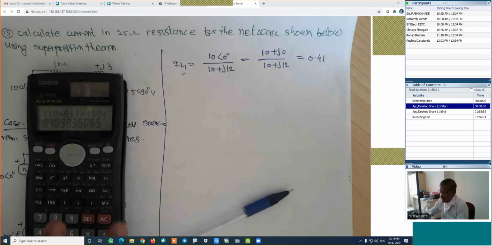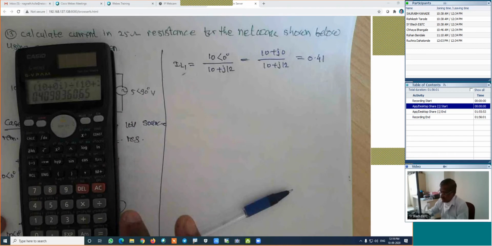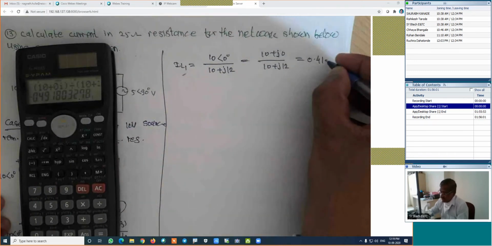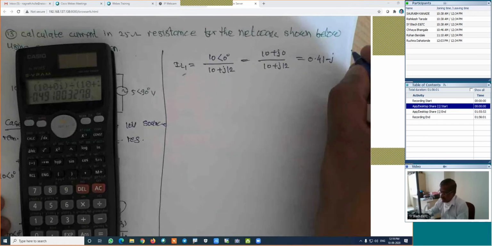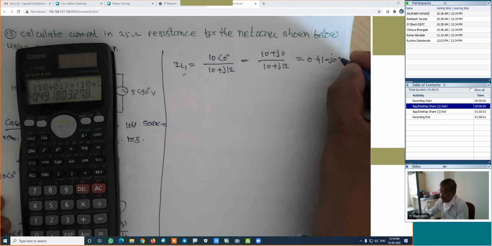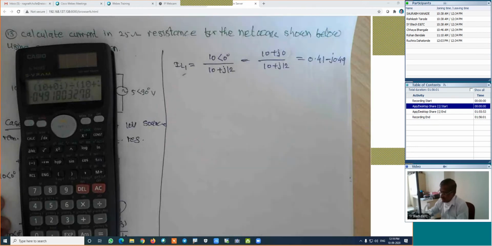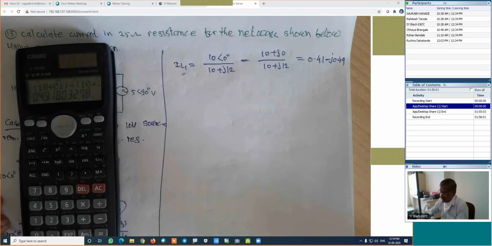What is the next step? I guess shift this. Yes. It is minus j0.49. So 0.49 is the load current for case 1.